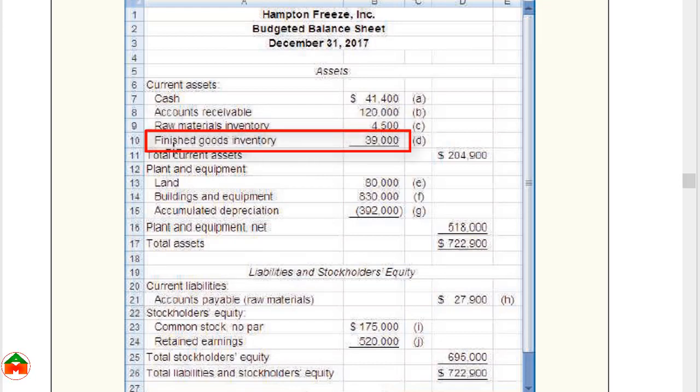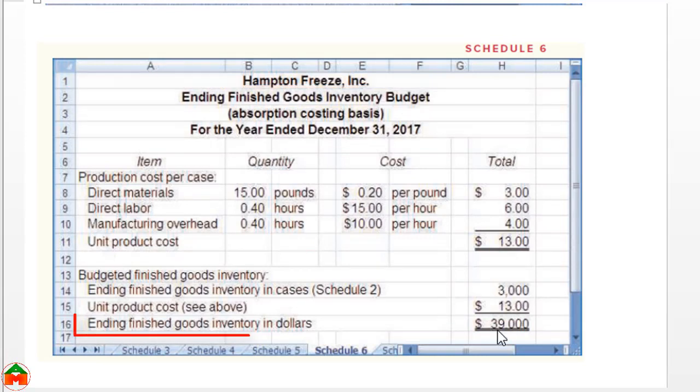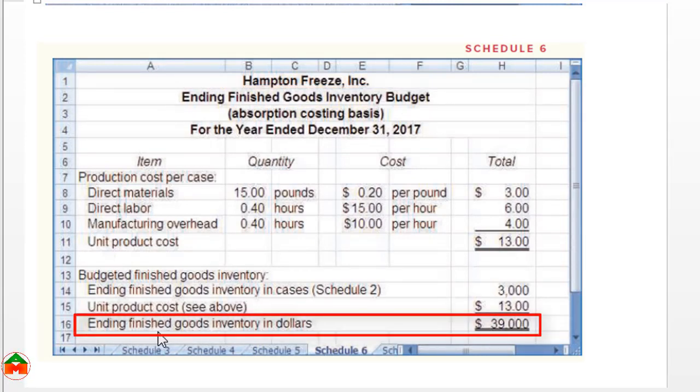Next we can see finished goods inventory balance 39,000, and we will get this amount from the ending finished goods inventory budget. This is the ending finished goods inventory budget, and we can see our ending finished goods inventory balance would be 39,000.